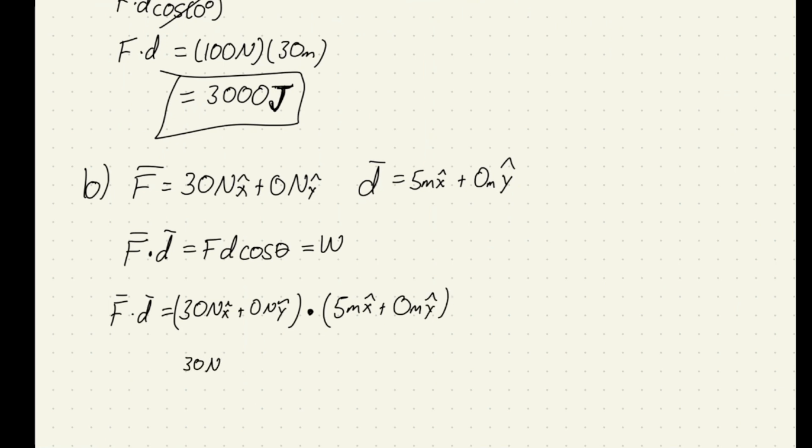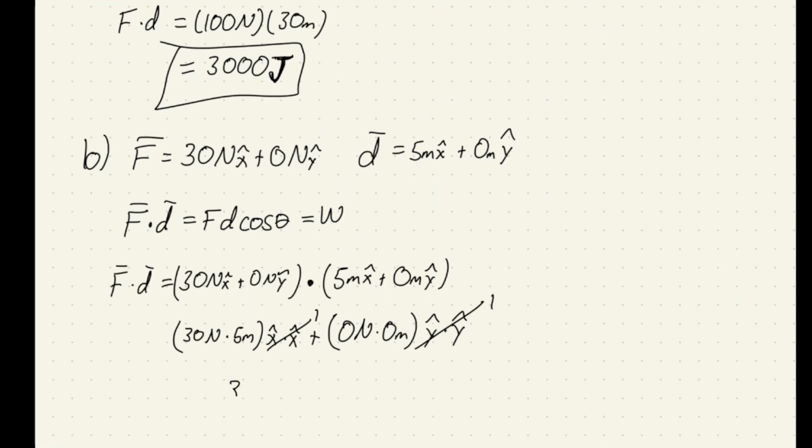That is 30 newtons times 5 meters, times x-hat dotted into x-hat, plus 0 newtons times 0 meters times y-hat dotted into y-hat. So x dot x and y dot y are both 1. I get 30 times 5 is 150, newtons times meters is a joule, plus 0 times 0 is 0, and 1 times 0 is still 0, so my result for the work done is 150 joules.